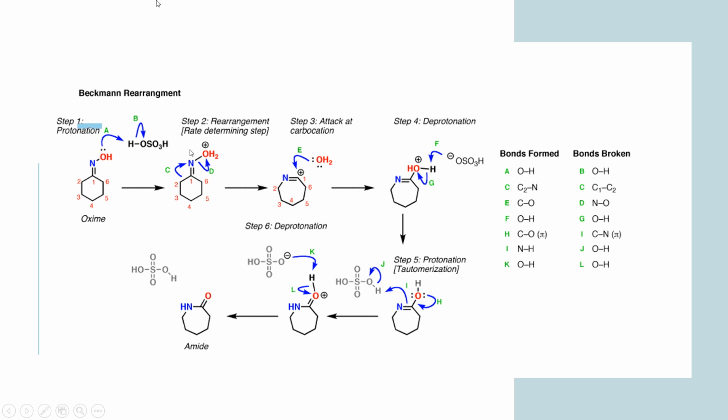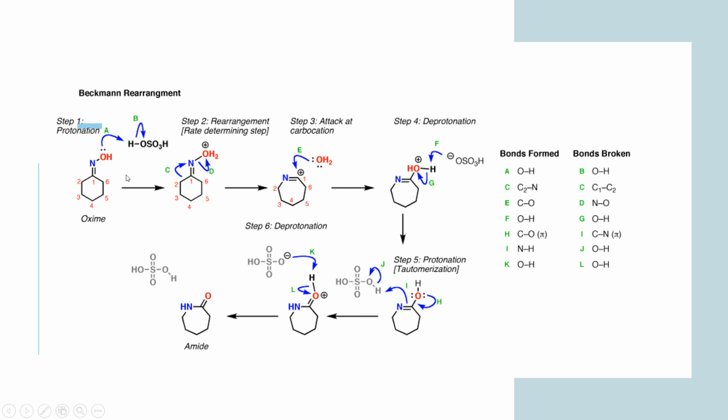Okay, so it gets converted into a better leaving group first, and after the formation of this oxonium, alkyl shift happens, and in Beckmann rearrangement, the bond which is anti to the oxime OH gets shifted.